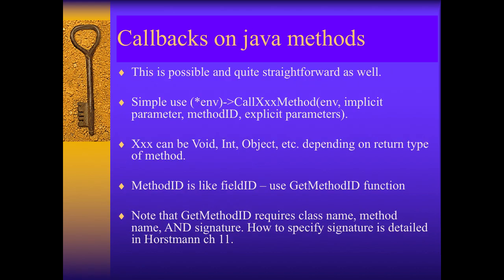And so now you can call back on the Java methods. One thing you might like to do is call the methods with implicit parameters and some method ID, and then the methods can be invoked from within your C program. So Java can call C, and then C can call back on the Java.